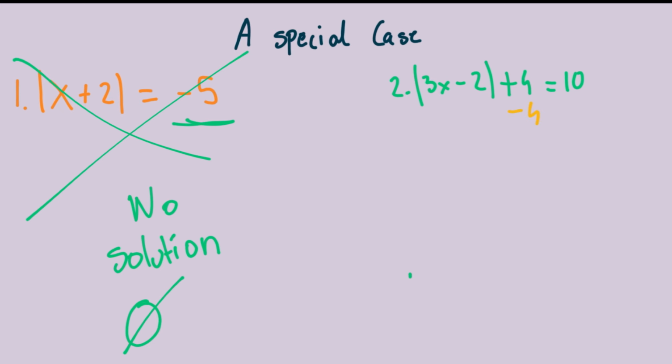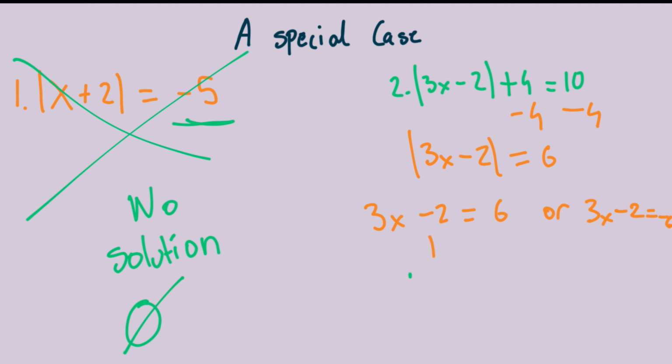And there are also equations with extra steps, like below. You have to subtract 4 first. Subtract 4, and then we have the absolute value of 3x minus 2 is equal to 6, and then you have to do the whole 3x minus 2 is equal to 6, or 3x minus 2 is equal to negative 6. Then you know the drill, just add 2.